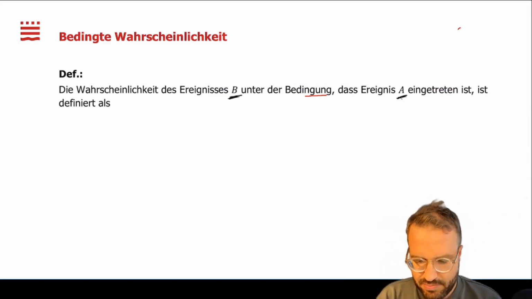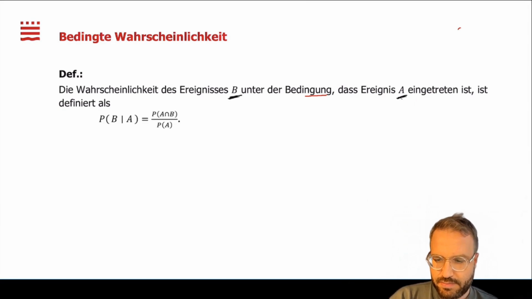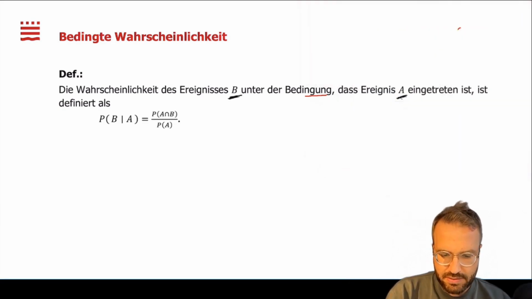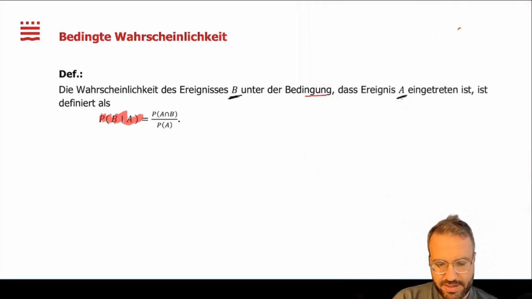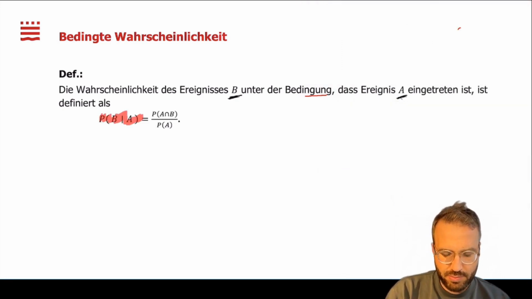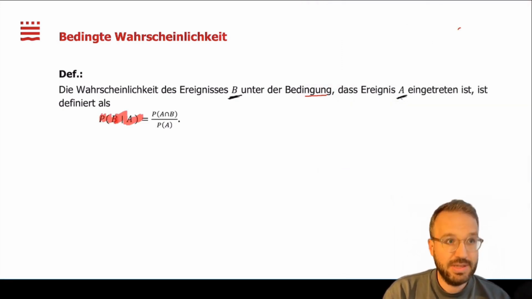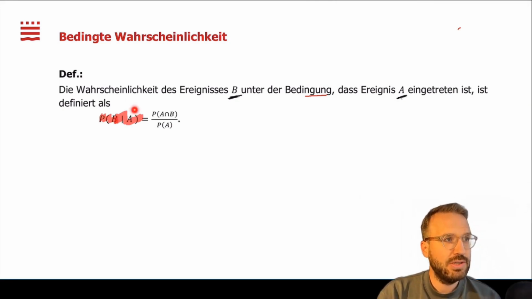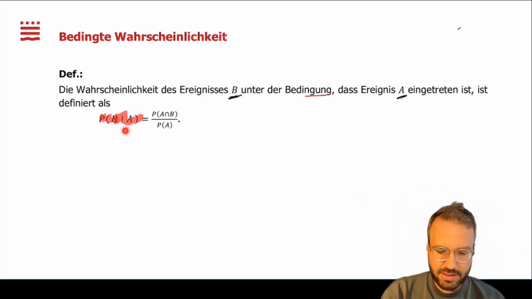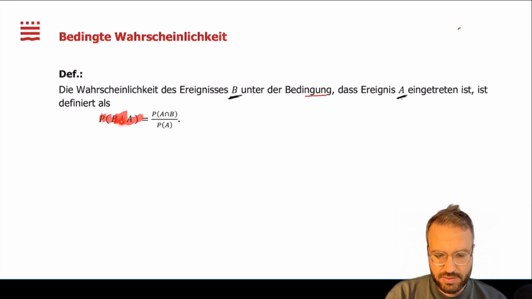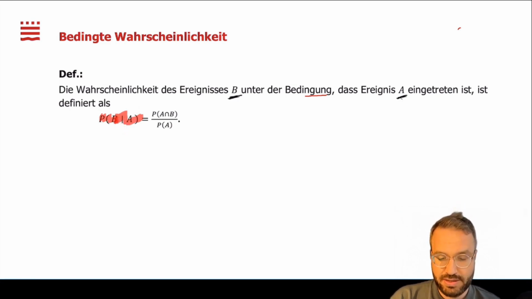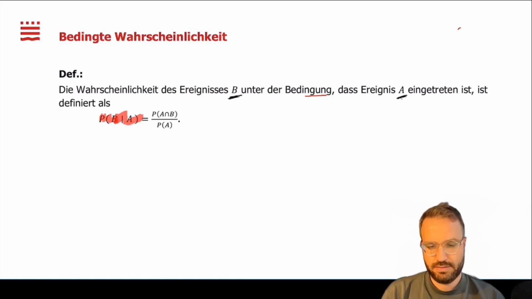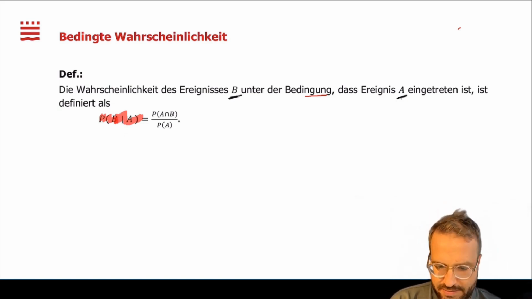The whole thing is written as follows. The notation is such that we have a P for the probability, then we have a B, and then the condition A, with a vertical line in between, and we say P of B under the condition A, and there is a formula for that.